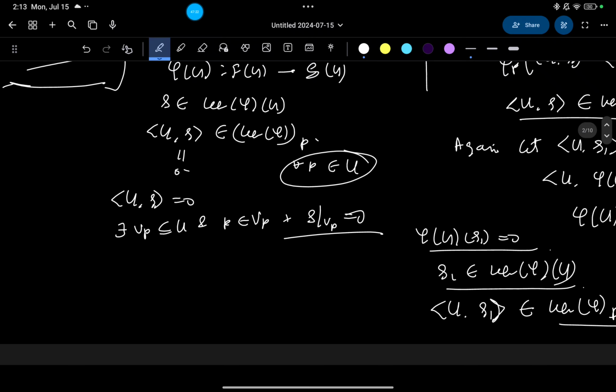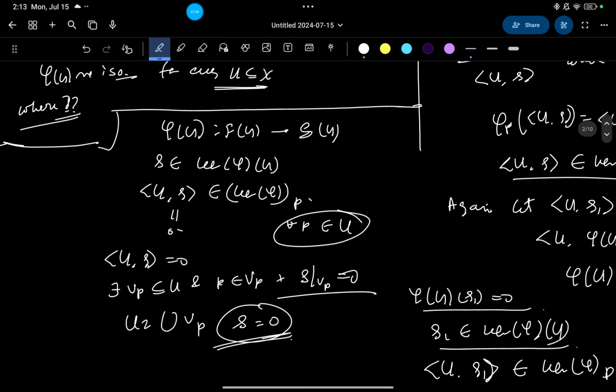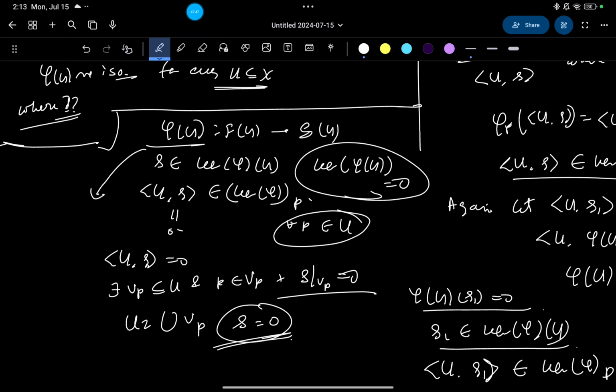Then I can vary p over the entire u and cover u with all such Vp's, and I get that s is 0 itself. So the kernel of phi u is 0, and phi u is injective.